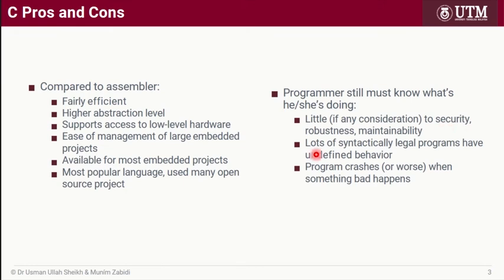The con is that the programmer must know what he or she is doing, such as giving consideration to security, robustness, and maintainability. You also need to know that a lot of syntactically legal programs have undefined behavior, and sometimes the C program crashes or worse when something bad happens. So those are the cons of using the C language.